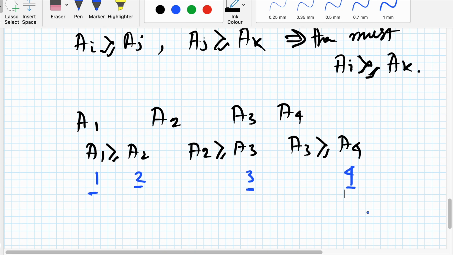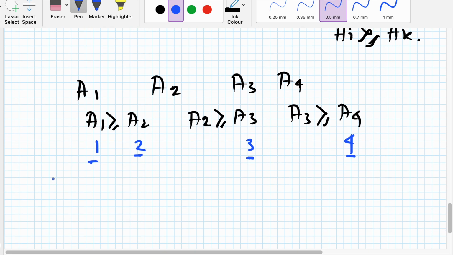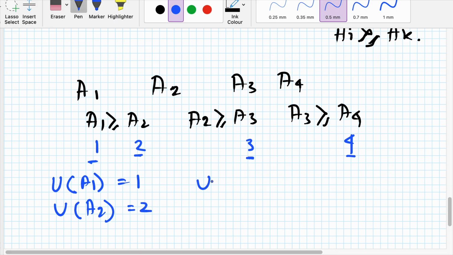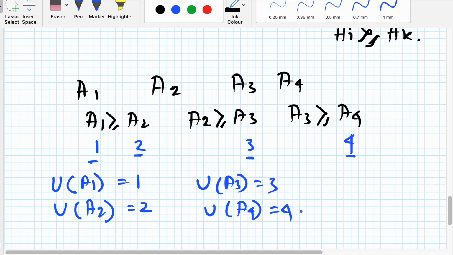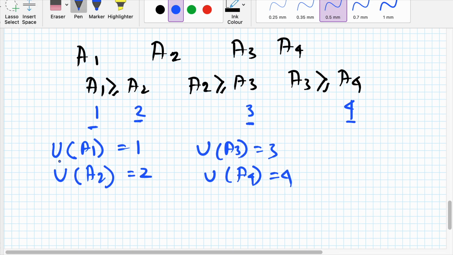Then you will see these numbers actually represent the preference. So if I say the utility of A1 is 1, utility of A2 is 2, utility of A3 is 3, utility of A4 is 4, in the reverse order, let me do the reverse order.